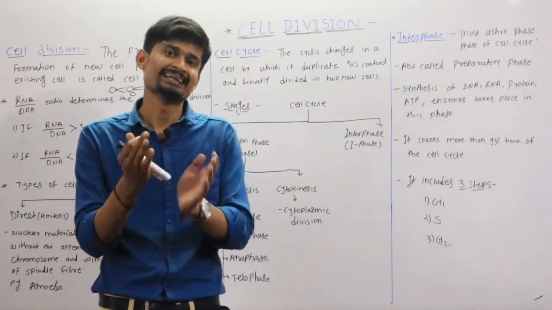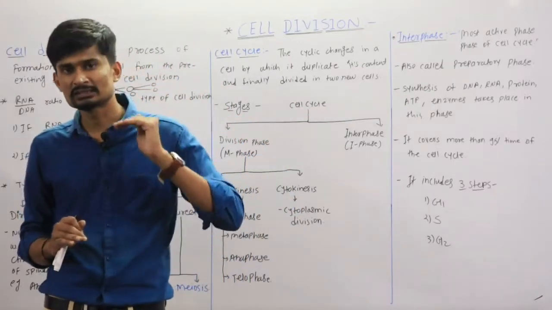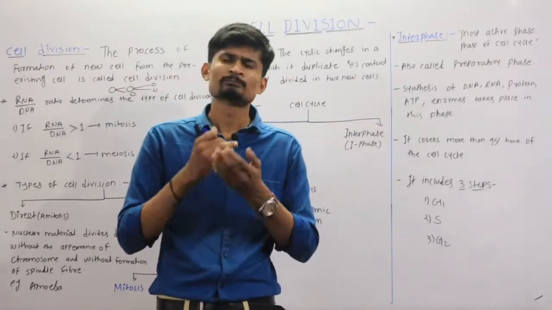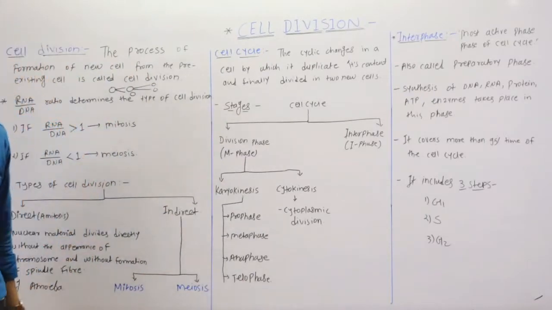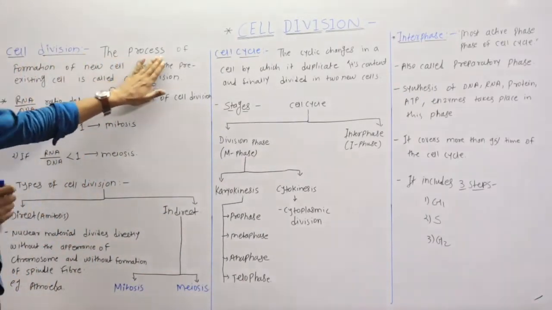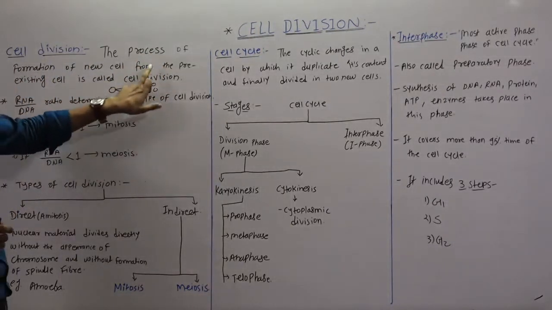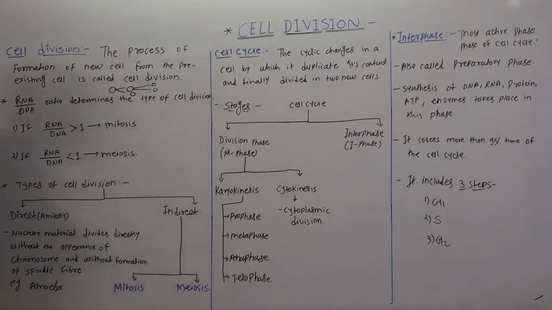If any internal organ gets damaged, there is cell division to repair that organ. So in our body, cell division is occurring every time. That is why the definition of cell division is the process of formation of new cells from the pre-existing cell.